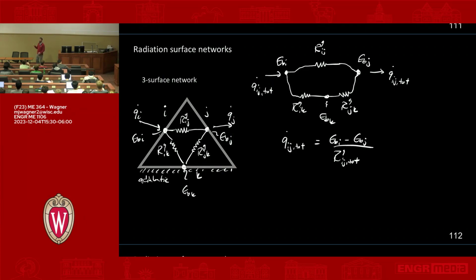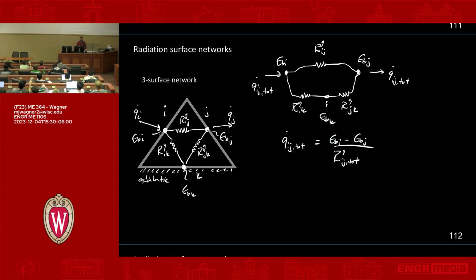Just like when you have a multi-node resistance network in a classical setting, you don't need an equation related to every intermediate temperature. Here you can just write things in terms of the terminal potentials, as long as you're capturing all the resistances along the way. So the potential is just I and J here, and then I have the total geometric resistance.